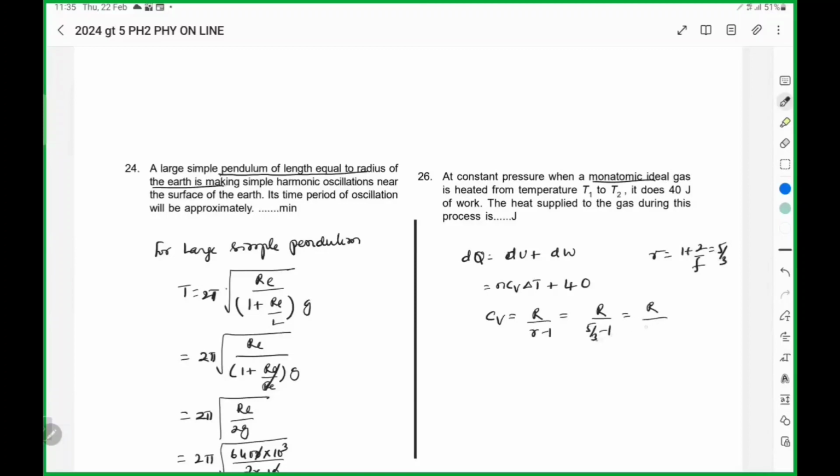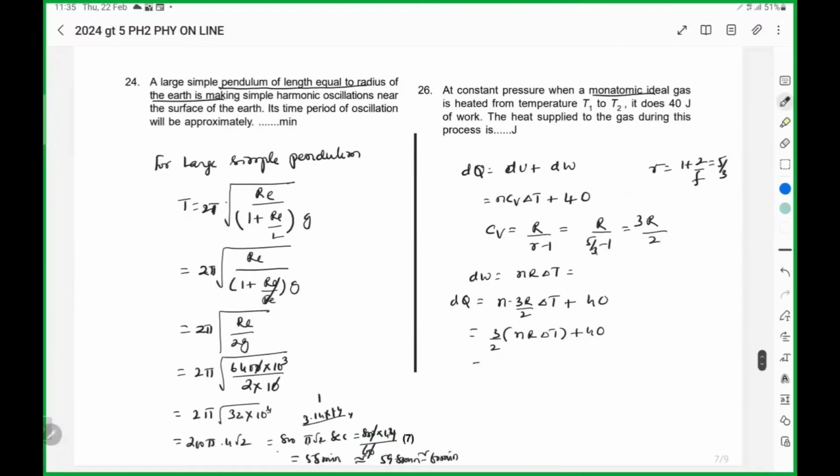So it is 3R by 2. So dW is nothing but nR delta T. So dQ will be n Cv, I can replace with 3R by 2 delta T plus 40, which is 3 by 2 nR delta T plus 40. So that is already given as 40. So heat supplied is 100 joules.